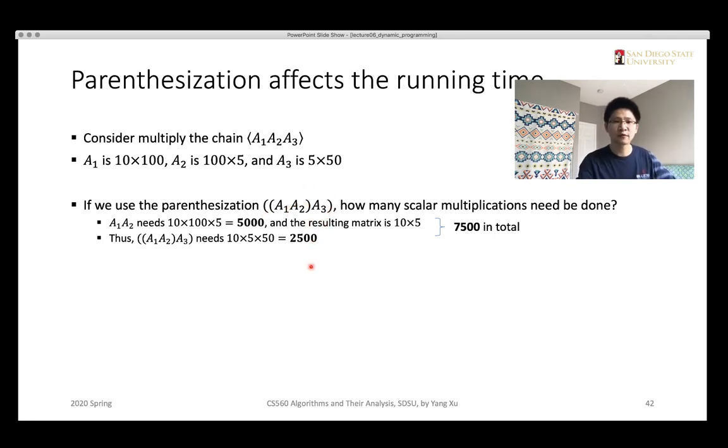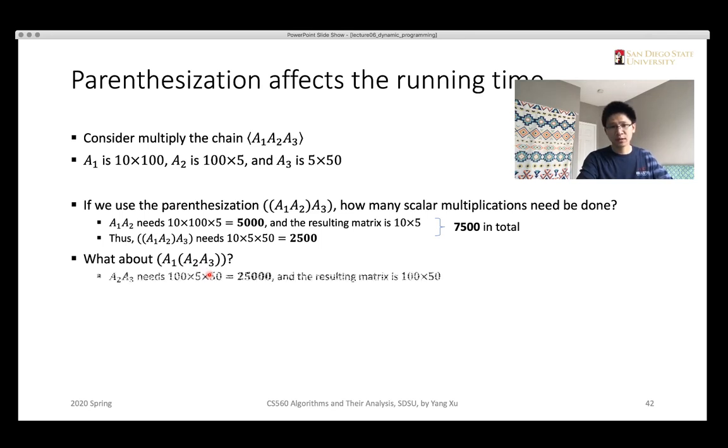Of course there are other ways of doing the parentheses, so let's examine a second way. What if we do A2 times A3 first? This time PQR is 100 times 5 times 50, which is 25,000, which is already much greater than the total number of the first way. That is step 1, and the resulting matrix is 100 by 50.